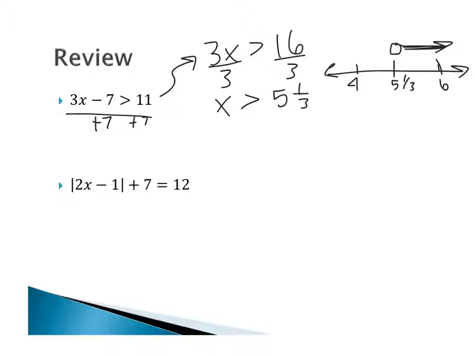Now let's move on to something that you did back in Algebra 1, and that's solving absolute value equations. Just a refresher on absolute value: if you think about a number line and think about zero right in the middle, with 2 and -2, the absolute value of a number is the distance it is away from 0.